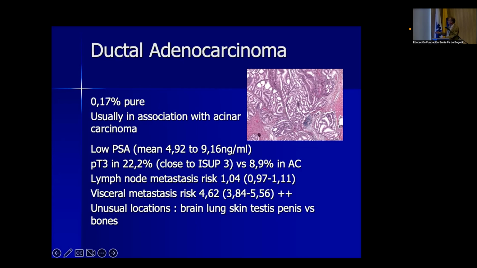The risk of lymph node metastasis is almost the same, but the risk of visceral metastasis is almost 5 times more. And the locations of these visceral metastases are unusual. You find brain, lung, and skin metastases that you usually don't find in acinar carcinoma.